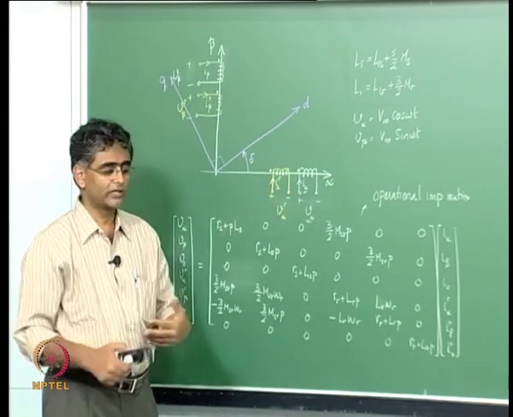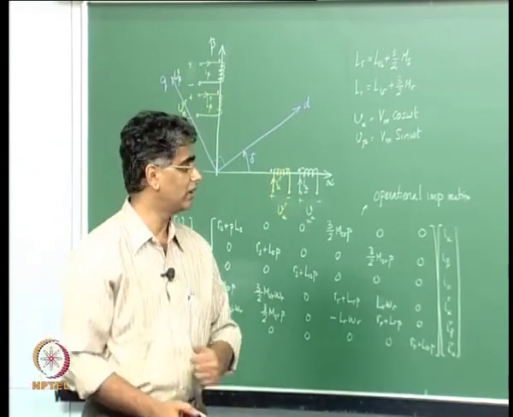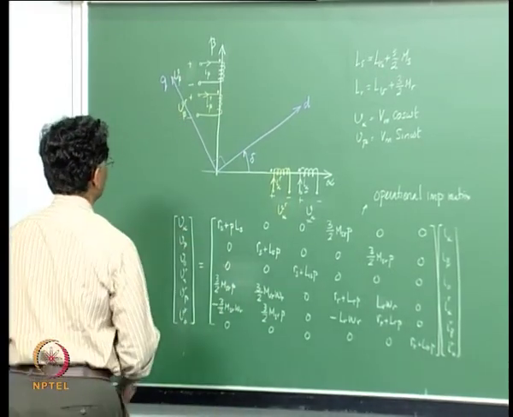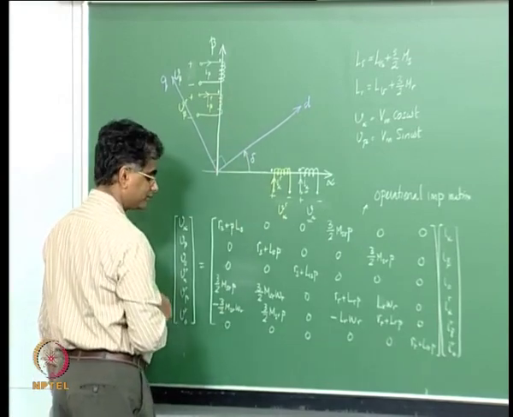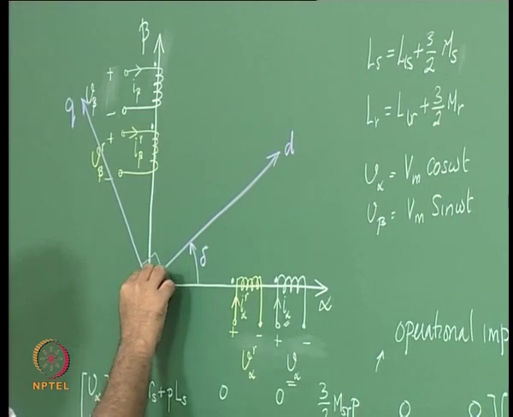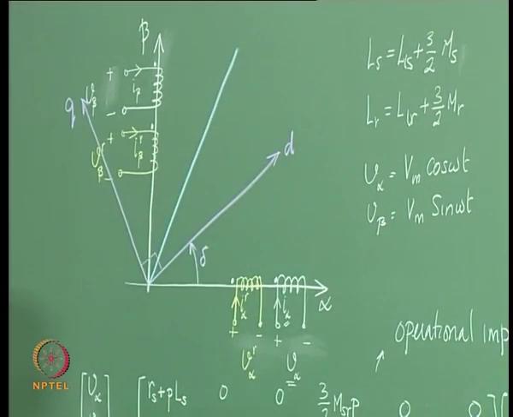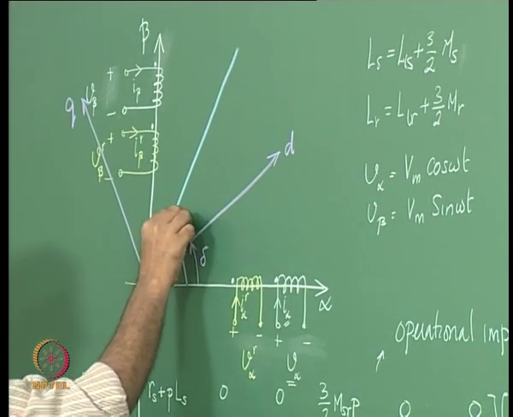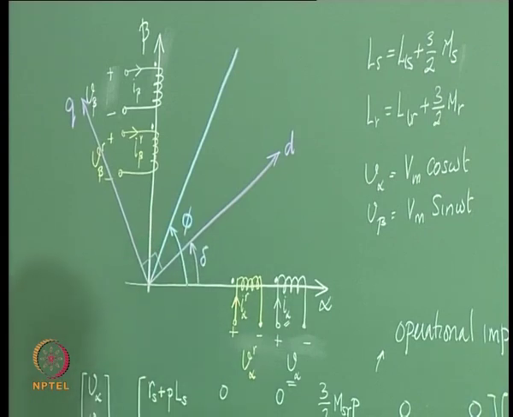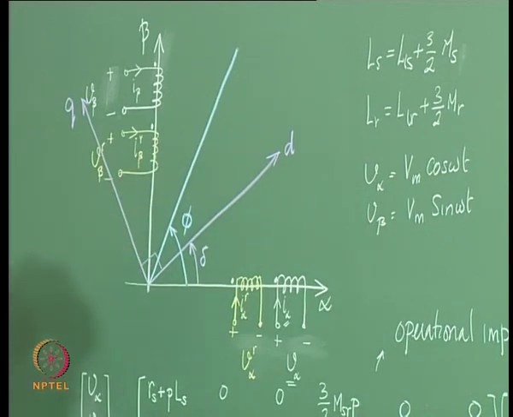As a result of that, there is going to be MMF produced around the machine air gap, and we want to know what will be the MMF that is produced due to this at some arbitrary angle. Let us say that this angle is phi. So, we want to know what is the MMF that is produced at this angle phi.